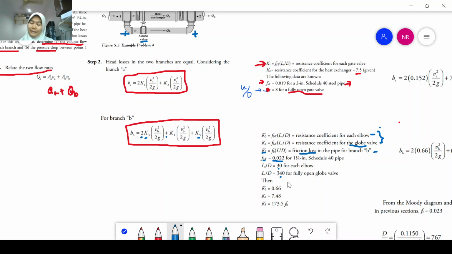All this you can revise from my previous lecture if you don't remember how to do it. By having all these values, we can calculate K3, K4 and K5 and plug into this equation. Since we have friction loss in branch B, we have FB.